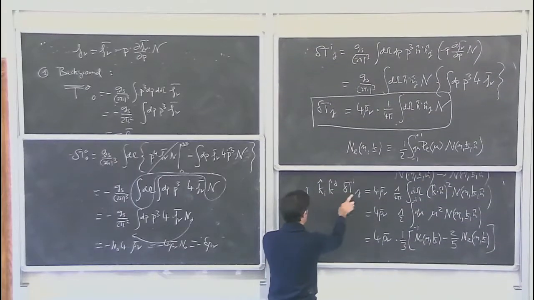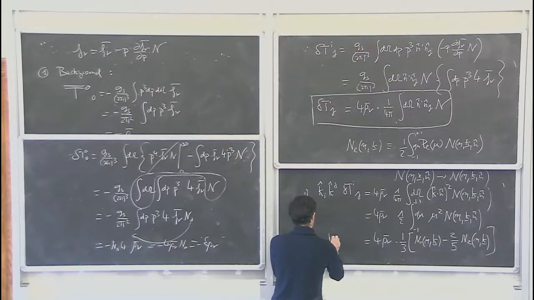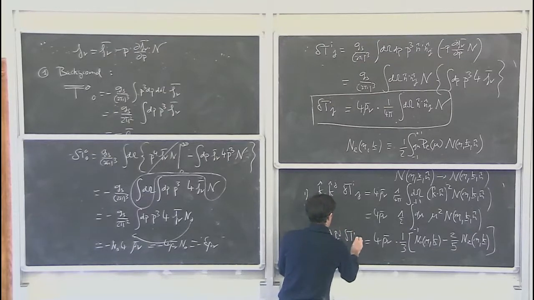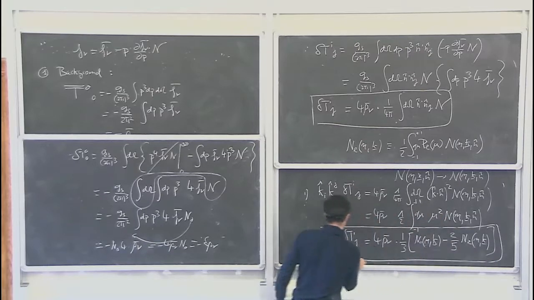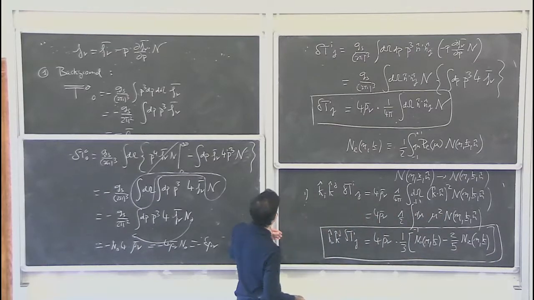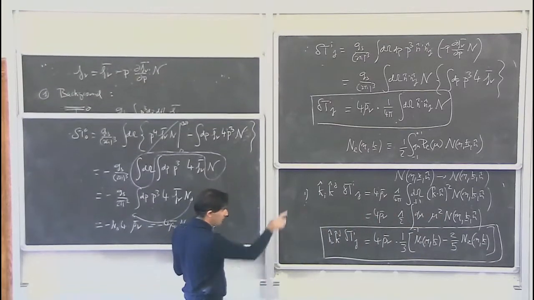So we get to a first expression, which is the following. This contraction, let's write it down here, gives me this. And then obviously there is a second contraction which we can compute, which is basically the trace.